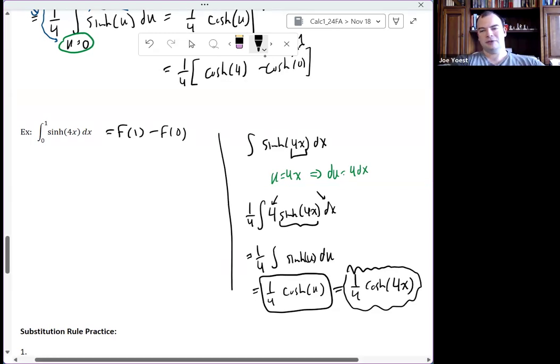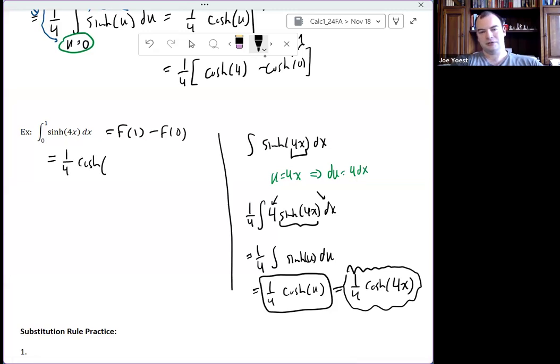And now I can pop back over here. And I can say, well, this is 1/4 cosh of 4 times 1 minus 1/4 cosh of 4 times 0, or it's 1/4 times cosh of 4 minus cosh of 0, or minus 1.